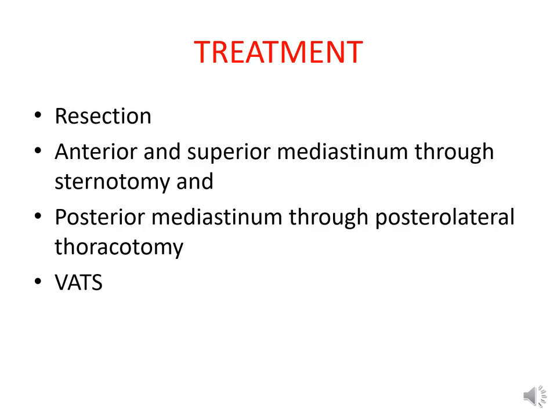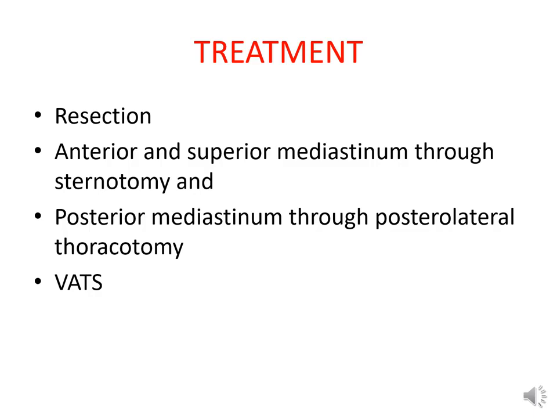There are surgical approaches for the treatment of mediastinal masses, and they will depend on where the structures are, whether the tumors are in the superior, anterior, middle or inferior mediastinum.